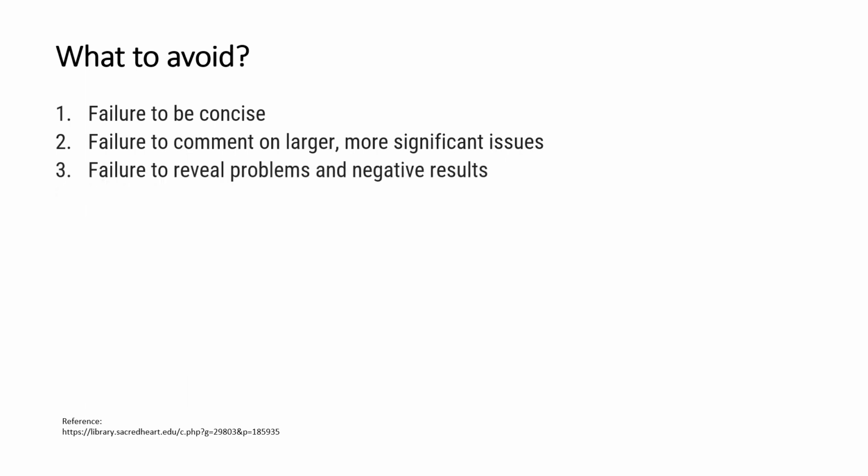Third is failure to reveal problems and negative results. Negative results of the research process should never be ignored. Problems, drawbacks, and challenges encountered during your study should be included as a way of qualifying your overall conclusions.